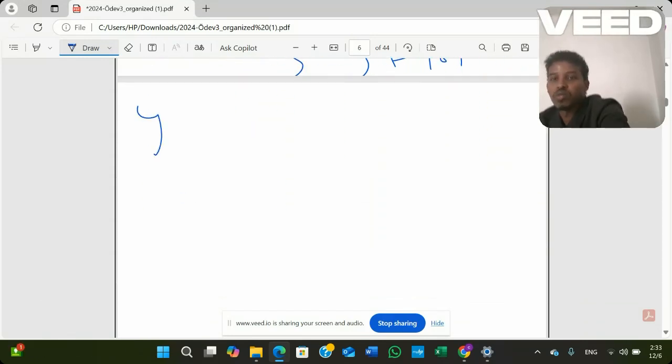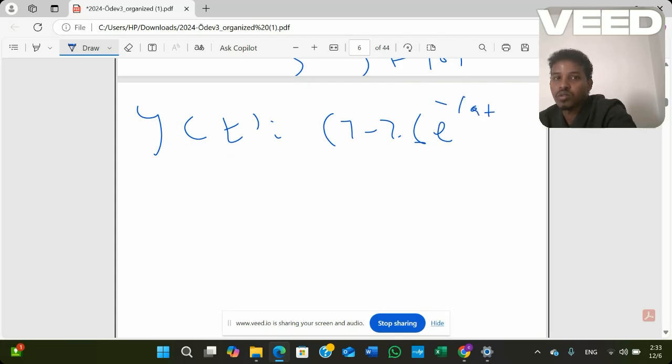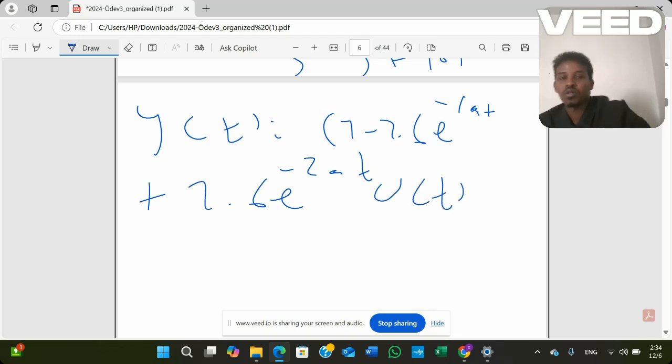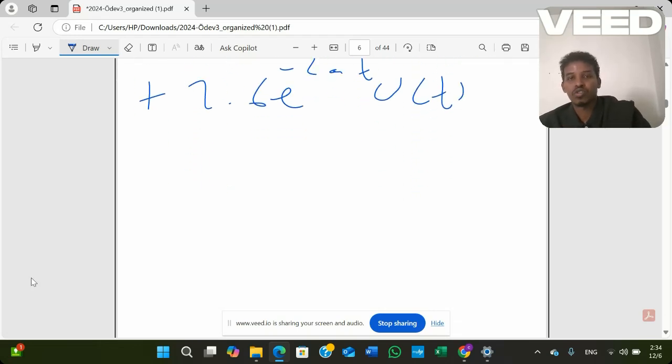The last answer will be y(t) equal to 1 minus 2.6 e to the minus 10t plus 2.6 e to the minus 20t. This will be the response of the system.